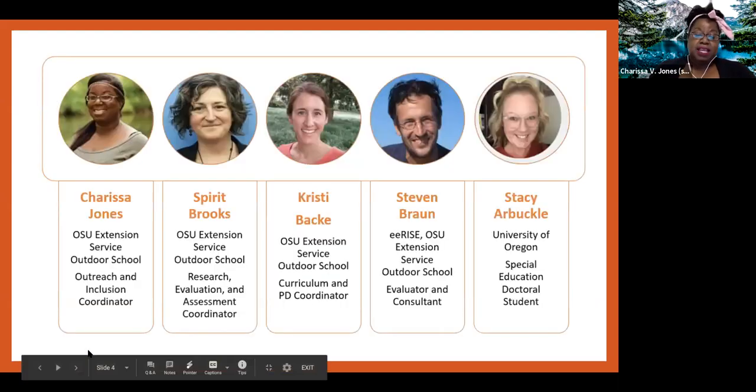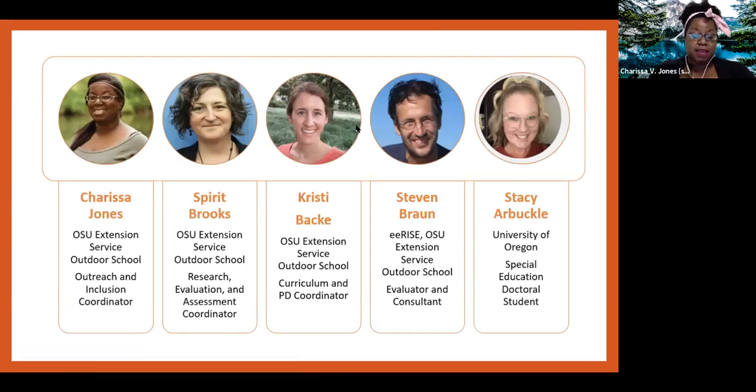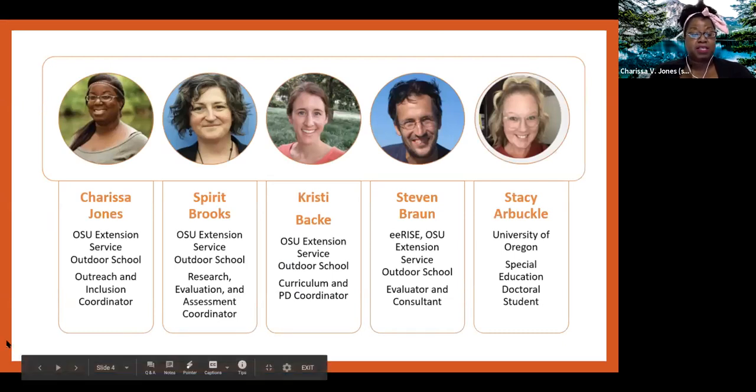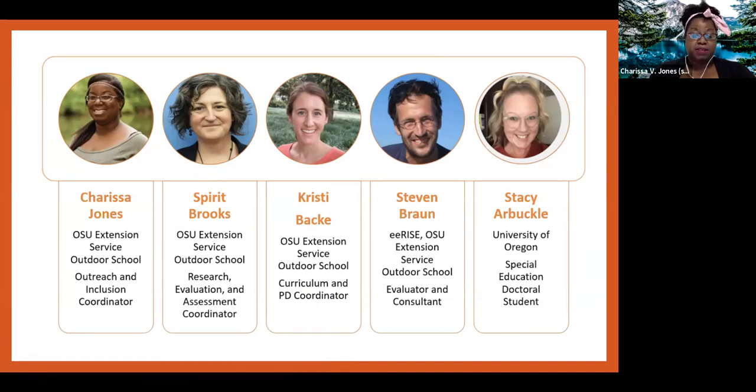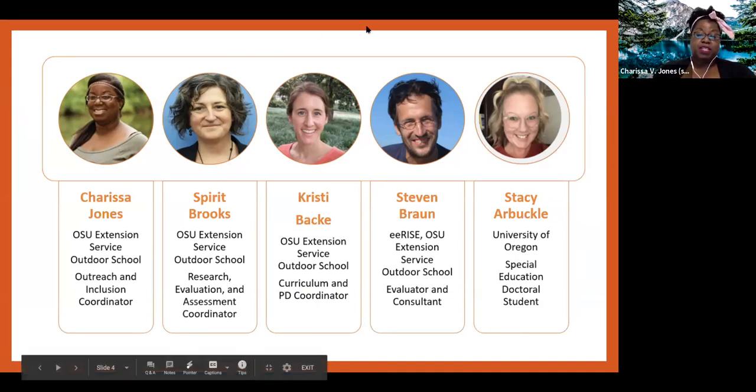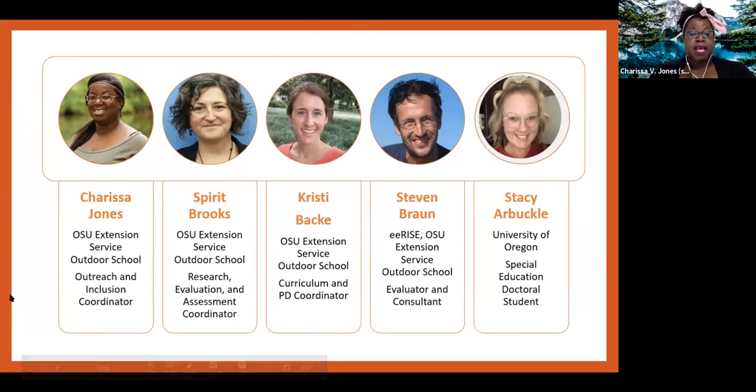And so we're going to begin by introducing our team that has been working on this tool, and I'll start. My name is Sharissa Jones. I also go by Sharzi. My pronouns are she, her, hers, and I am a queer Dutch Creole, Dutch Caribbean, South American, cisgender Black immigrant woman. I've been in Oregon for about 5 years now and have been in the field of outdoor and environmental education for over 10 years.